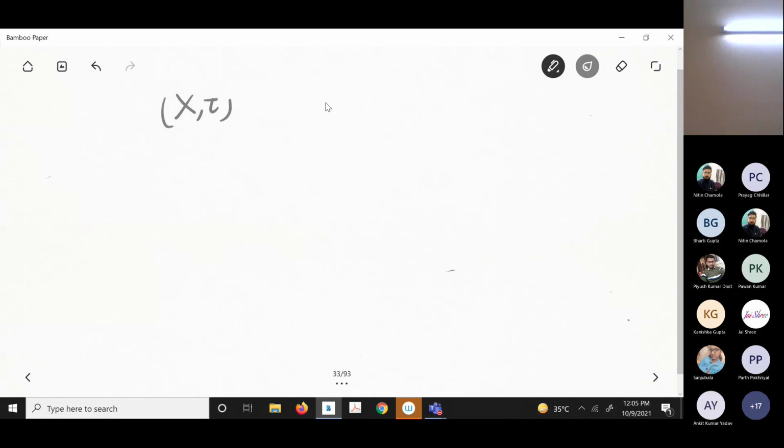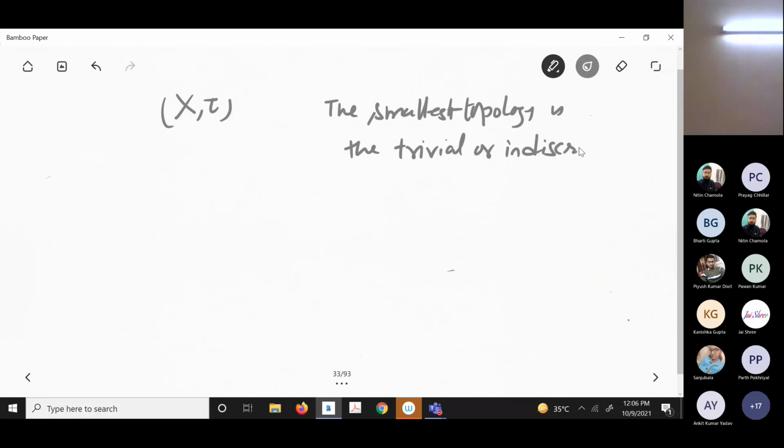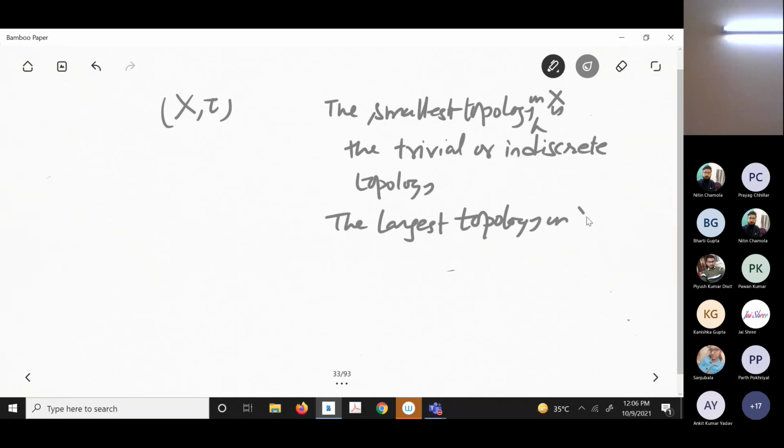There is the smallest topology, remember that. The smallest topology on X is the trivial or indiscrete topology, opposite to the discrete topology, and the largest topology on X is the discrete topology.